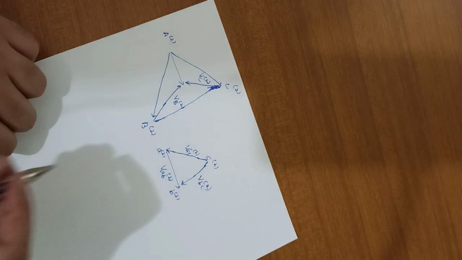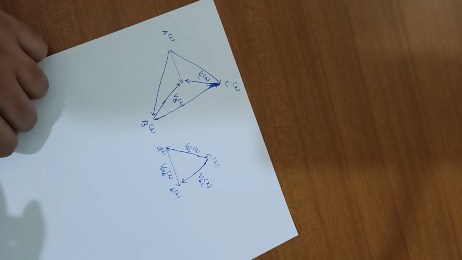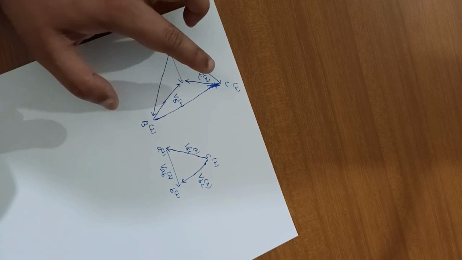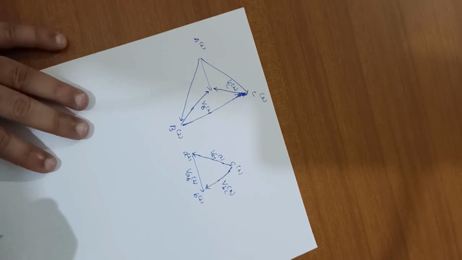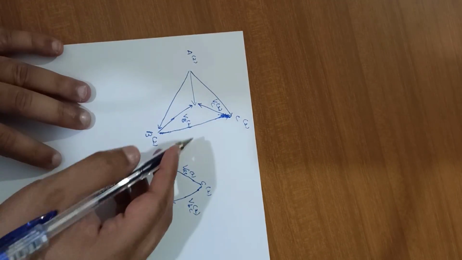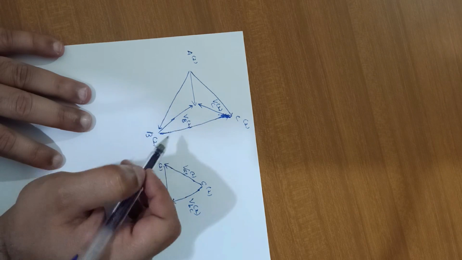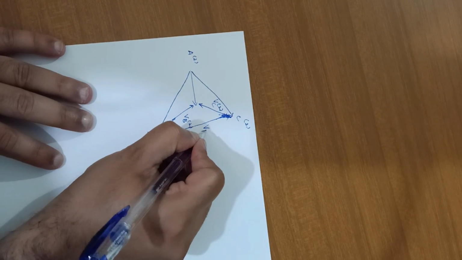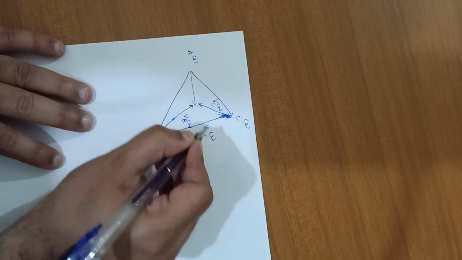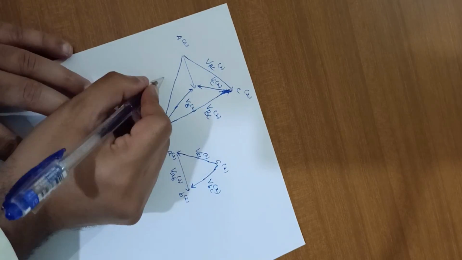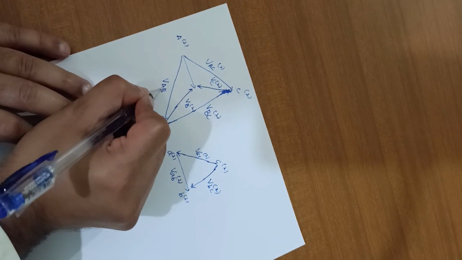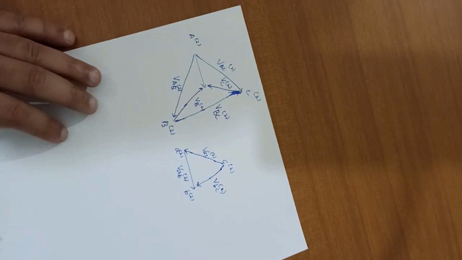The arrow will be on the top side. Sorry, I have cut it a bit while drawing. So this is VBC2, here we have VAC2, and there we have VAB2, right?